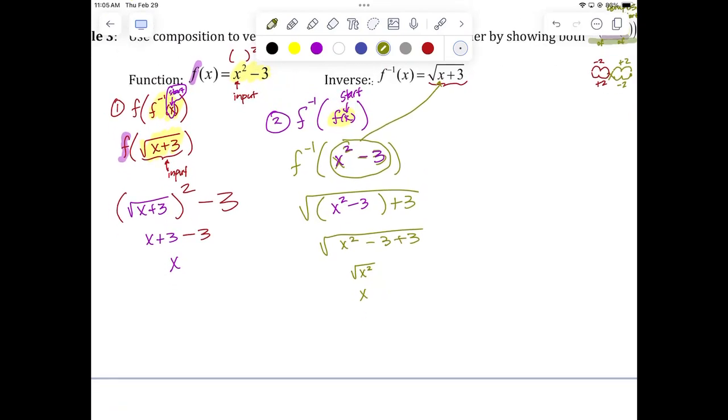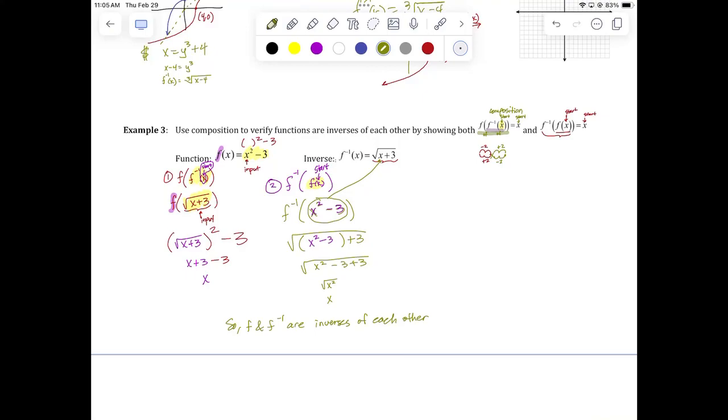Because I got x, I'm going to say so. Here's the consequence. So f and f inverse are inverses of each other. If either one of those ended up being something other than x, anything other than x, a number or x squared, then it's game over. They're not inverses of each other.